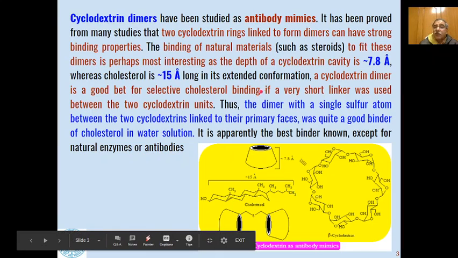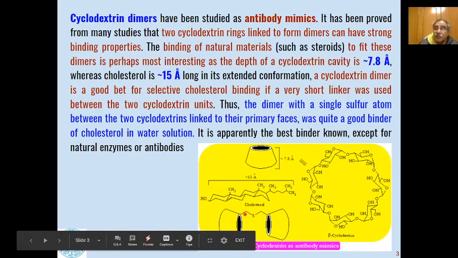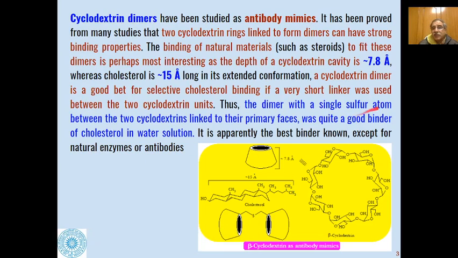So that is why these cyclodextrin dimers are good for selective cholesterol binding, and we can use a very small linker to bind these two cyclodextrin units. And a single sulfur atom is used for this purpose.